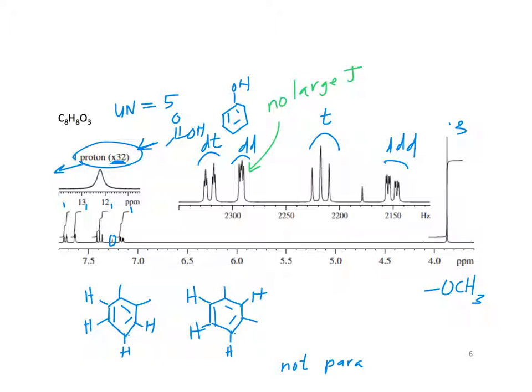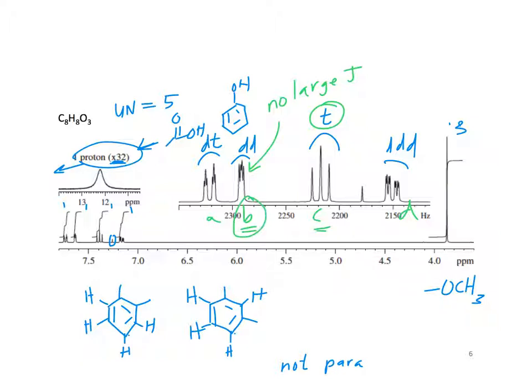So I would say this one that looks very symmetrical is one that's in the middle, right? So let's just call these A, B, C, and D. I think the key one's either C or B.